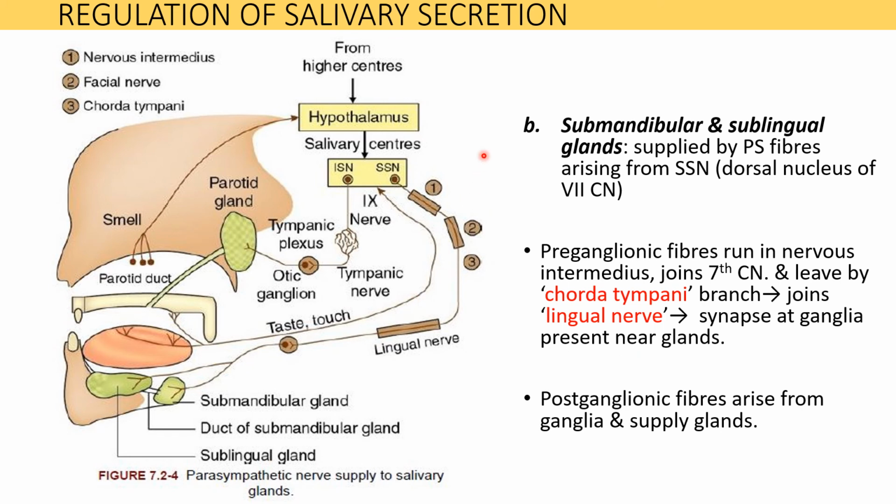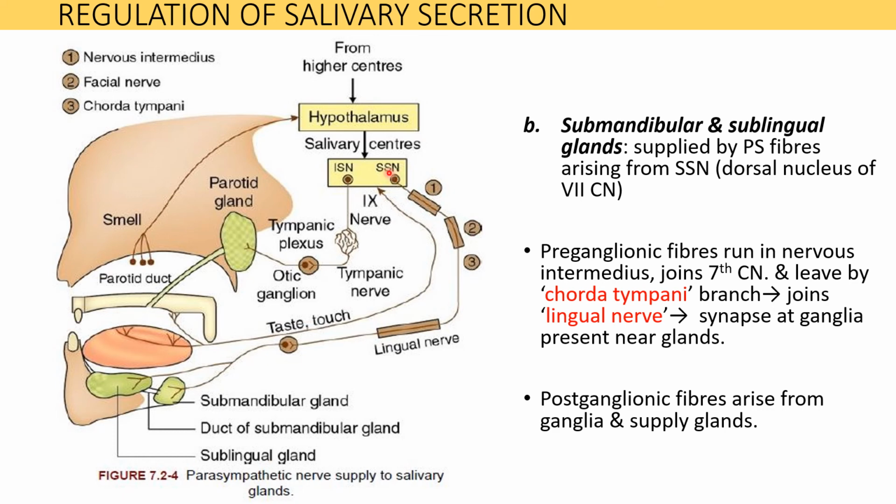Now the parasympathetic innervation to the submandibular and sublingual glands. The parasympathetic fibers for these glands will arise from the superior salivary nucleus present in the medulla, especially the part called the dorsal nucleus of the facial nerve, or the seventh cranial nerve.